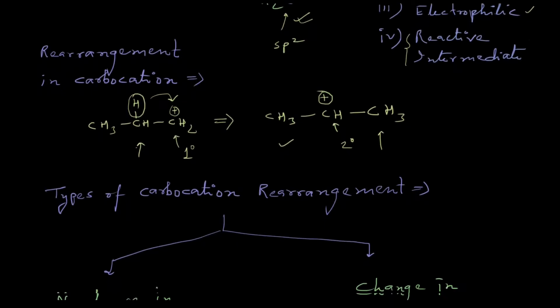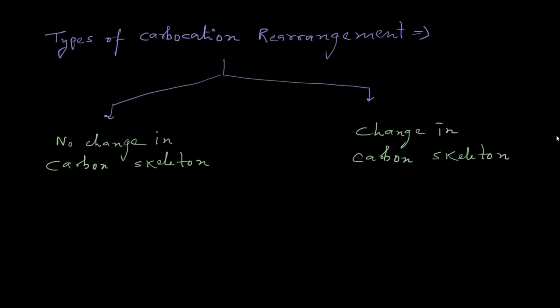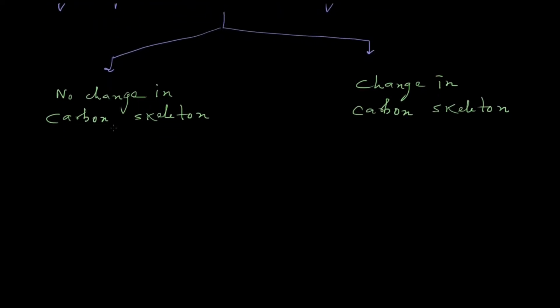So how many types of carbocationic rearrangements are there? Two main categories of carbocation rearrangements are there. In the first one, there is no change in the carbon skeleton. In our previous example, we just saw that after the carbocation rearrangement, in the new carbocation, there is no change in the carbon skeleton.